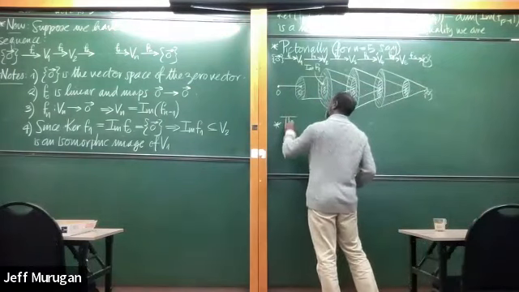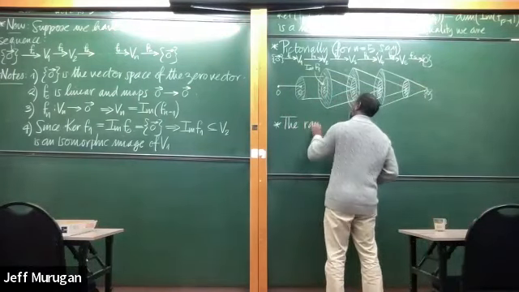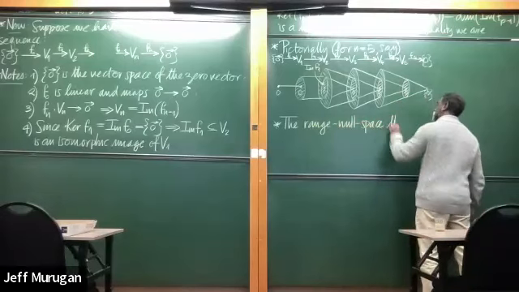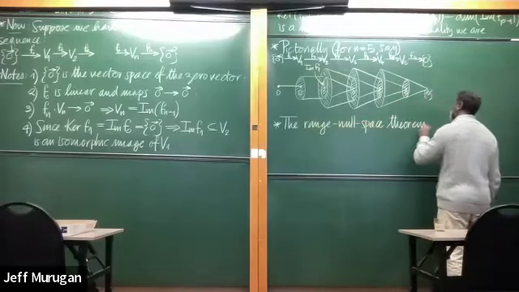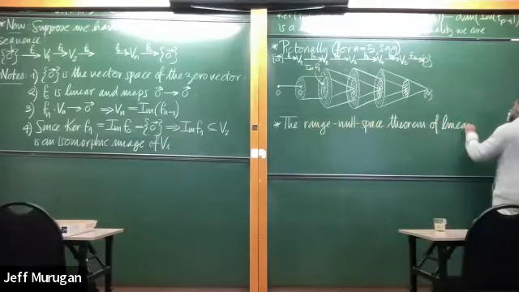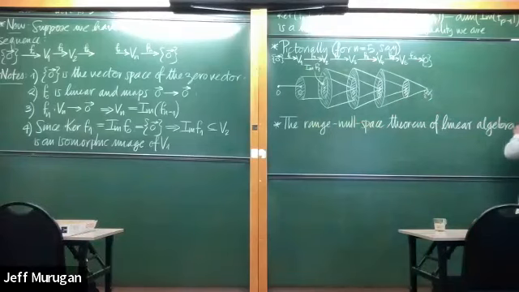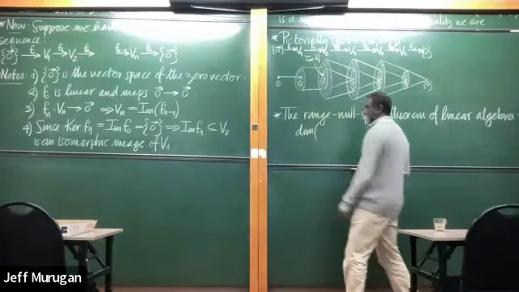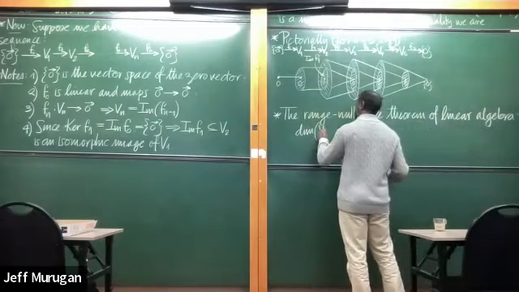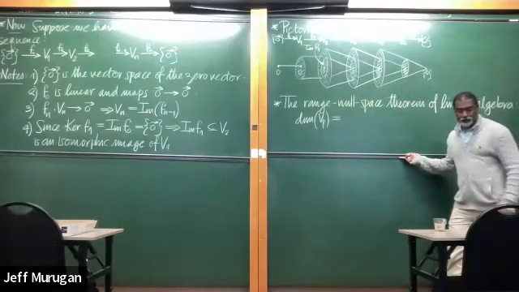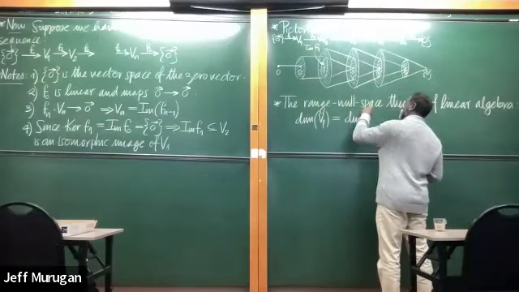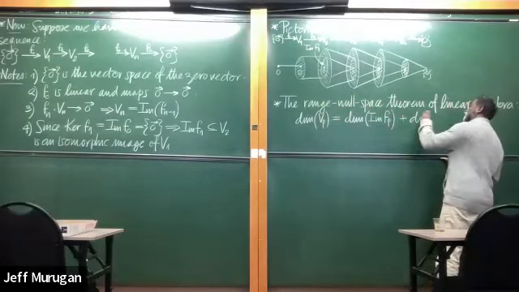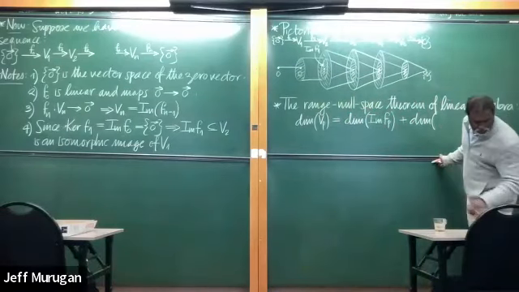The range null space theorem tells us that the dimension of V_p is the dimension of the image of F_p plus the dimension of the kernel of F_p.